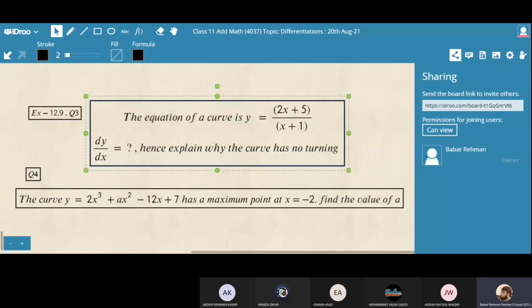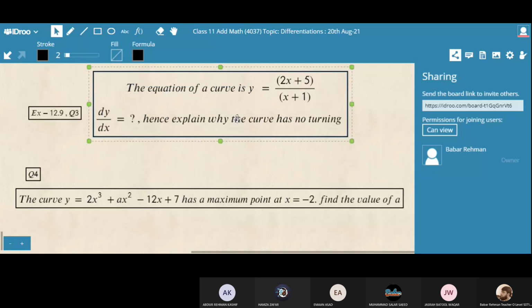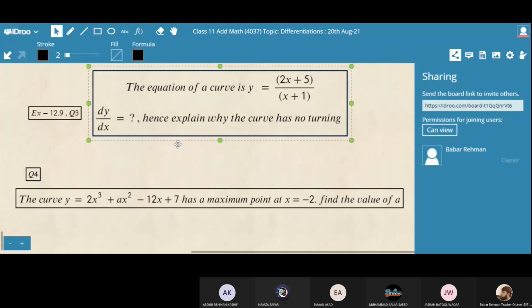Okay, student, why does it have no turning point? The reason would be, if you find the derivative of this, the numerator will never be zero. When the numerator will never be zero, the gradient will never be zero.